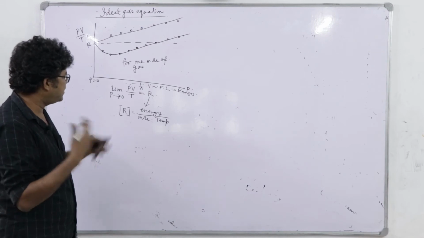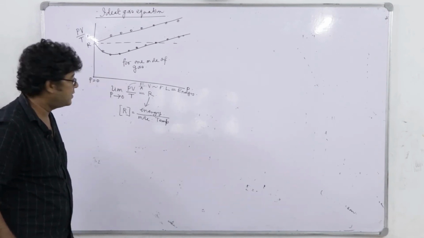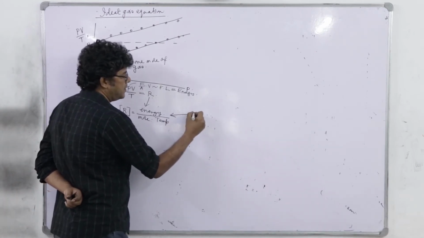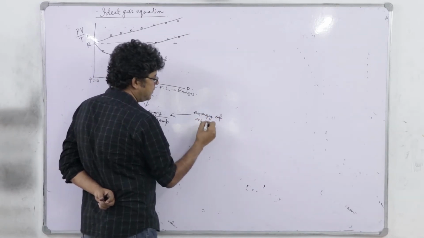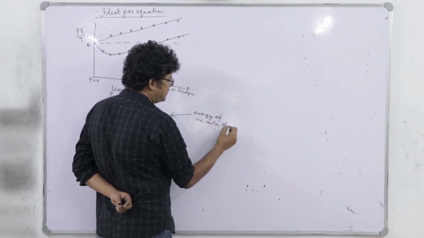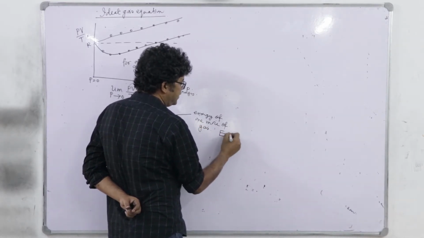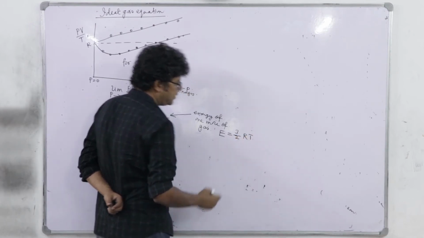As temperature increases, the energy per unit mole for this ideal gas model must increase, and from kinetic theory, the energy of 1 mole of gas, what do we know? That E is equal to 3 by 2 RT, right.